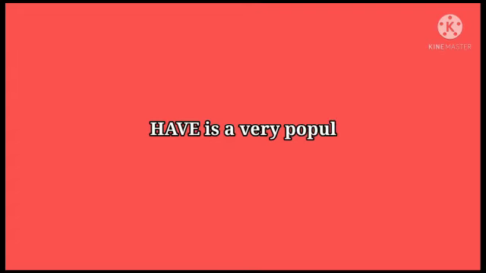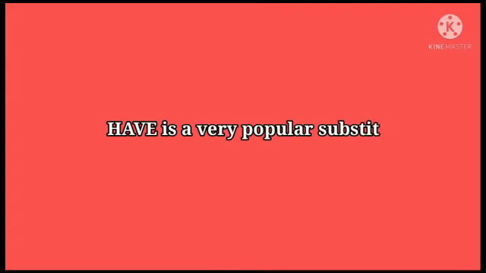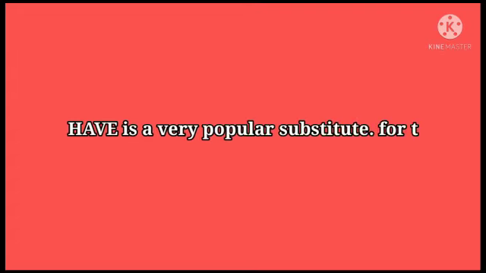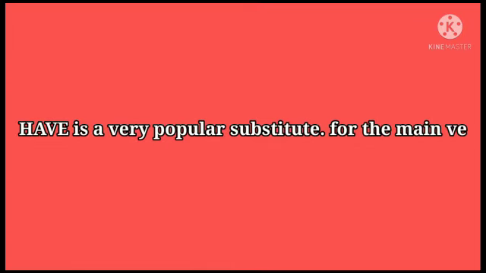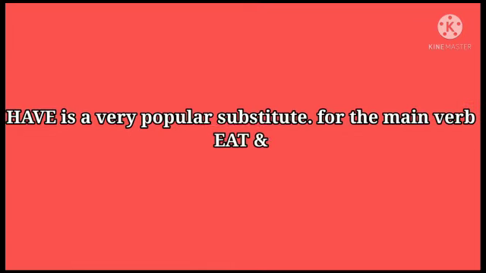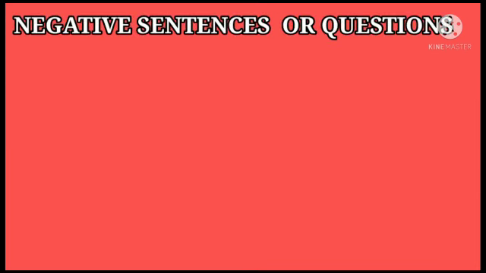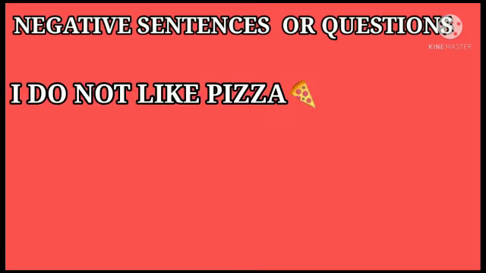Have is a very popular substitute for the main verb. Children, you have to remember the auxiliary verb have is a very popular substitute for the main verbs eat and drink. Now comes the do function. The do function is used in forming negatives, negative questions or negative sentences like I do not like pizza.